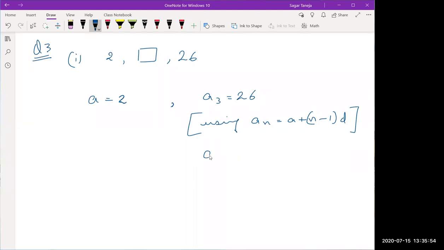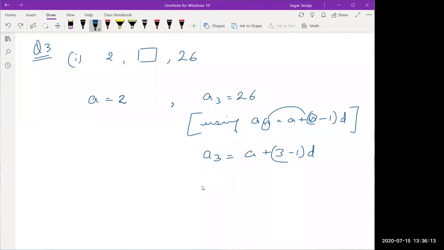Okay, so a3 can be written as, if an is a plus n minus 1 d, then a3 will be a plus 3 minus 1 d. And we can put the values.